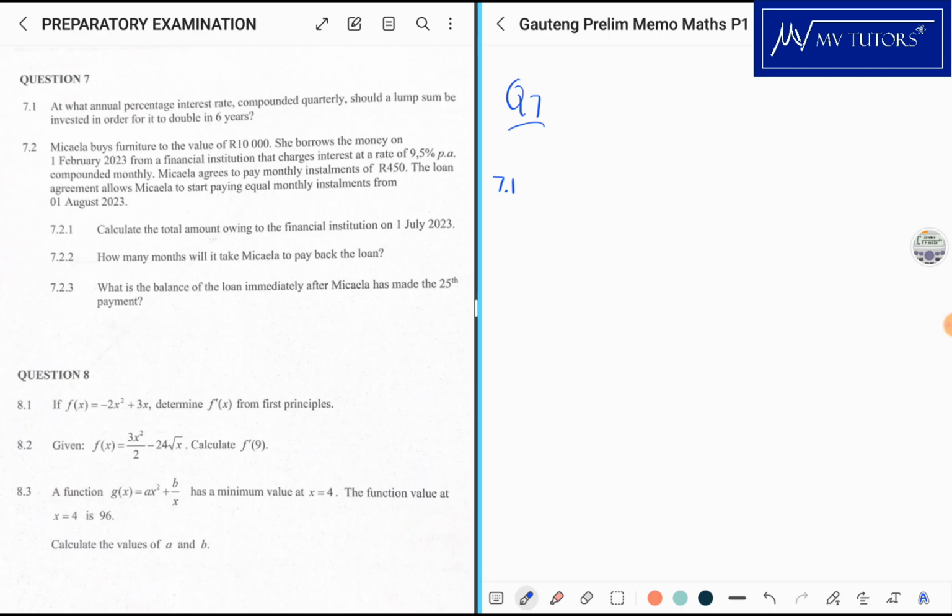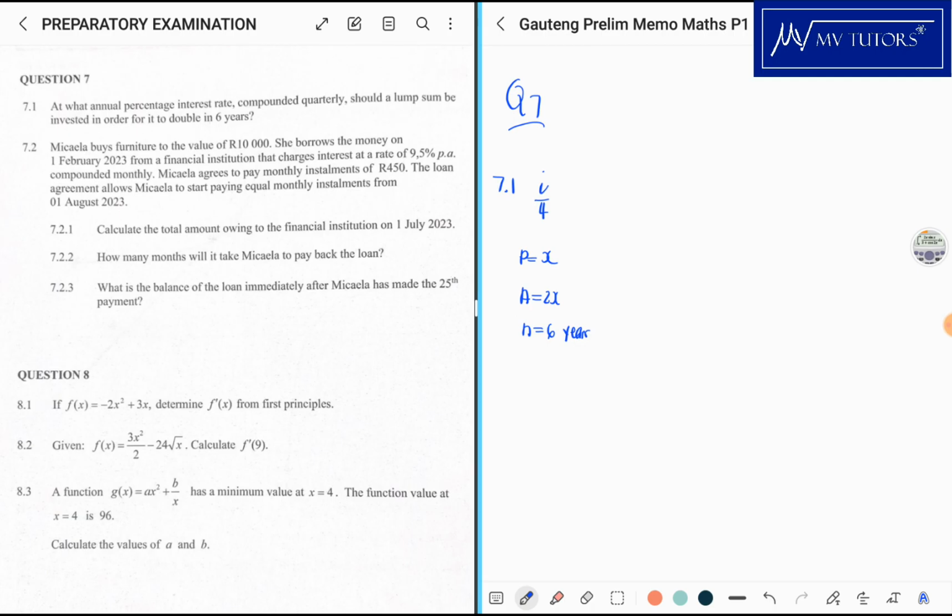Okay, so we know the interest rate is compounded quarterly, and then we have a lump sum, right? And then that lump sum will be doubled in 6 years. Okay, and our unknown is the interest rate.